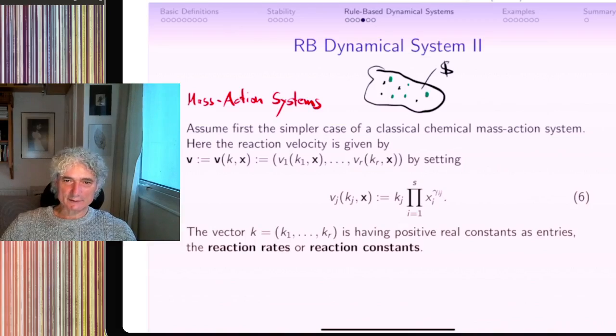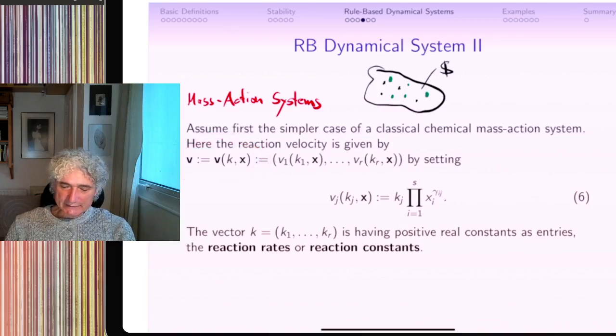But here the collisions are taking place all the time. There's no discrete event structure here anymore. This is very important to notice as a difference to the stochastic processes, which were defined via the collision process in the rule-based stochastic systems. So in this case we now introduce reaction velocities. They are usually called V.